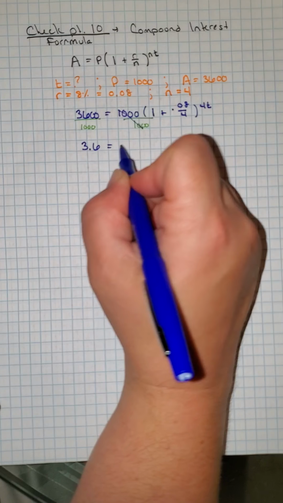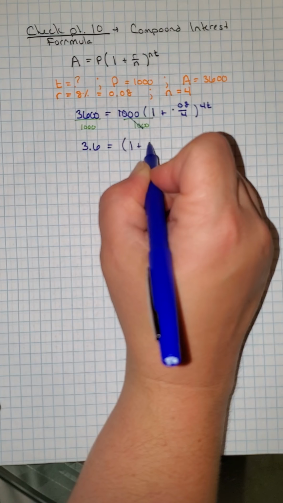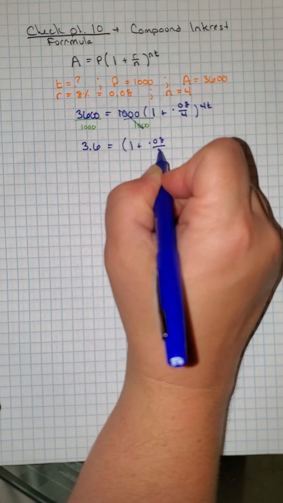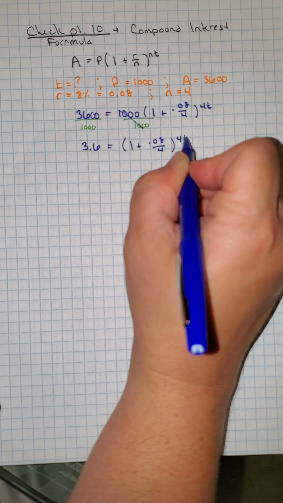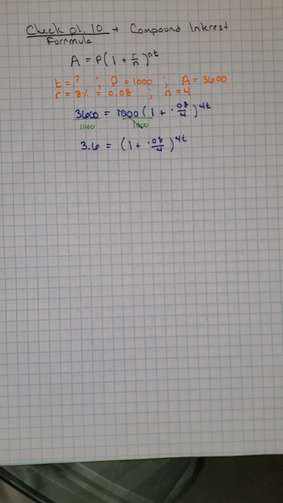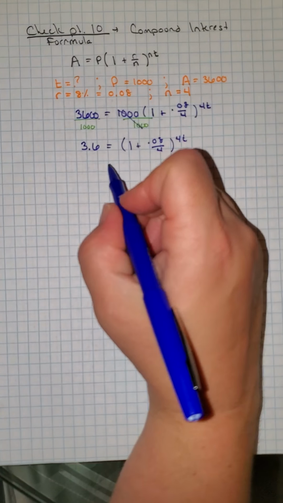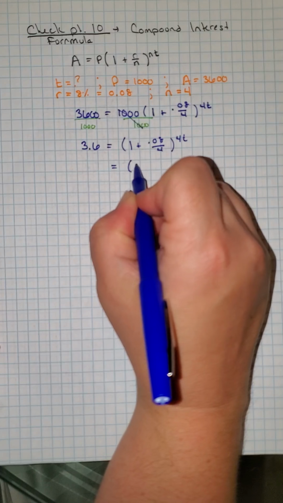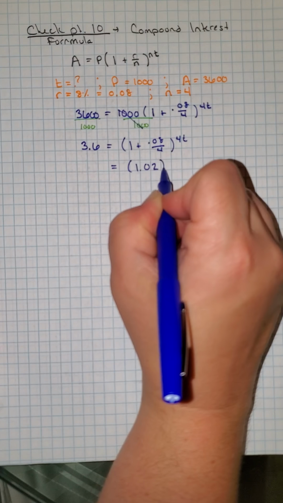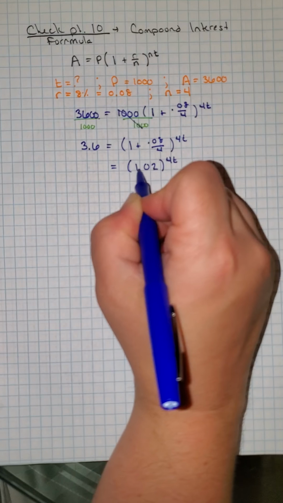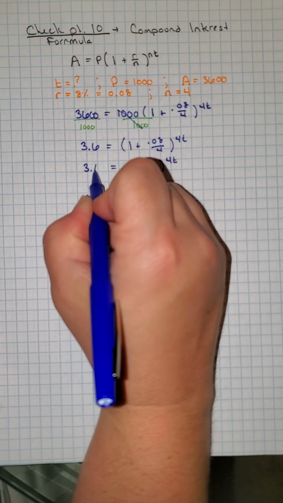And then we can actually do this too, but since it's notes, I'll wait a second. Okay, so 0.08 divided by 4, that'll be 0.02. Add that to 1. So this will be 1.02 to the 4t. That's actually our base.